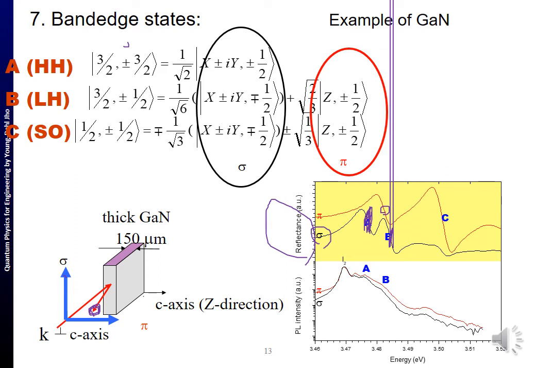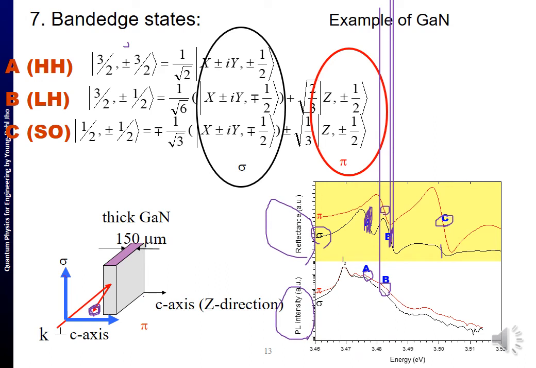So you have resonance here, resonance here. Likewise, in the case of pi polarization, you have a resonance here, here, and here. That's where you have transitions. When you measure the luminescence, you have a certain luminescence peak, like here and here. It is related to A and B.